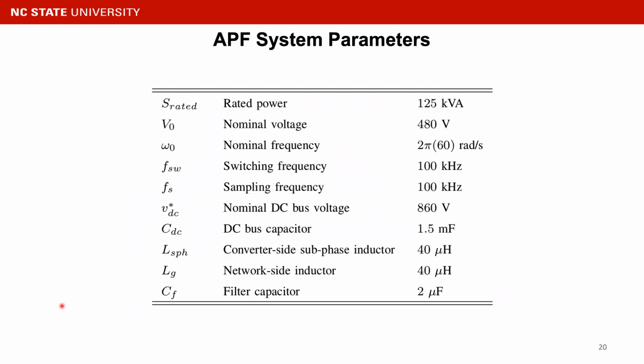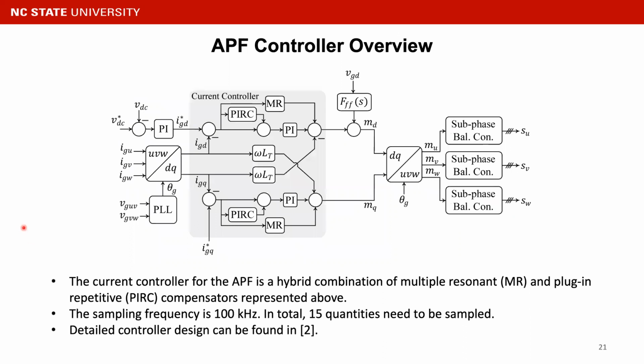And here are the system parameters for our APF system. So here's the controller structure overview for the APF. As we can see, the current controller for the APF is a hybrid combination of multiple resonant and plug-in repetitive compensator represented here.